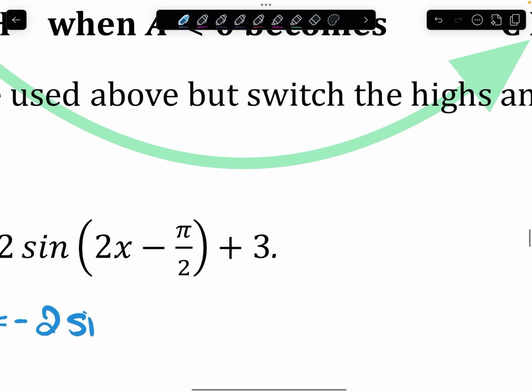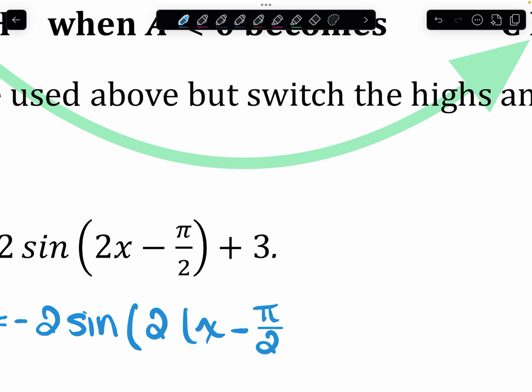So what we need to do is separate the 2 from the x. In doing so, we need to take the value sitting at the back of that set of parentheses and multiply it by the reciprocal of b, to get it into the right format.